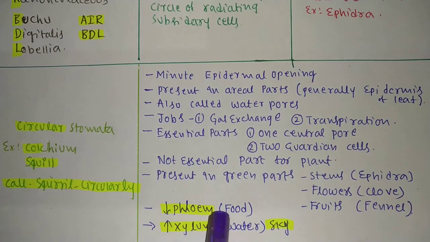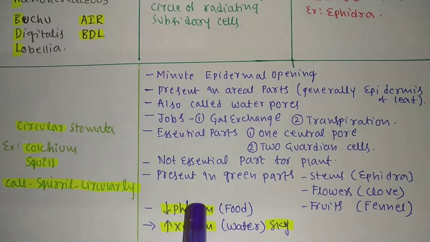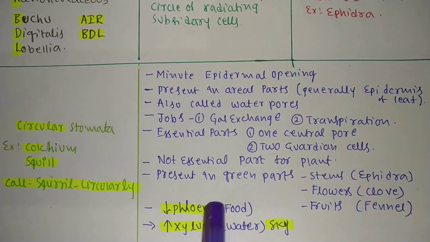Here I additionally gave what is a phloem and what is a xylem. Most of the students get confused here. Phloem, see here I gave the down mark. Down mark means it supplies food to the entire plant. The food is manufactured in the leaves, and from the leaves it goes to the root.